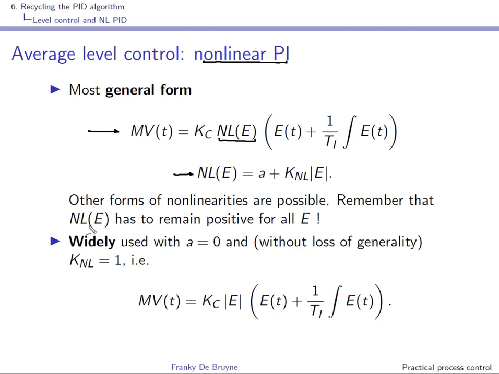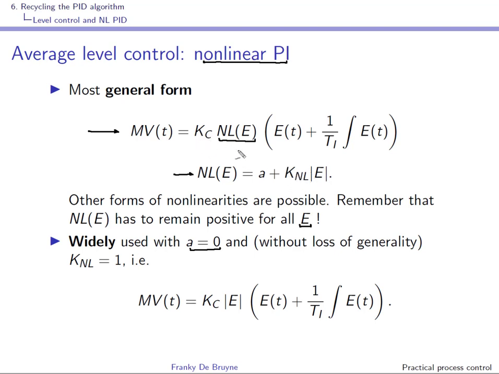Of course, such a nonlinearity has to remain positive for all control errors. Another candidate would be this one, with the absolute error replaced by the error squared. In this case, the nonlinearity is an offset plus a gain times the absolute value of the error. What is often done is simplify this most general form by taking A equal to 0, and then you have two gains, Kc and this K nonlinear.